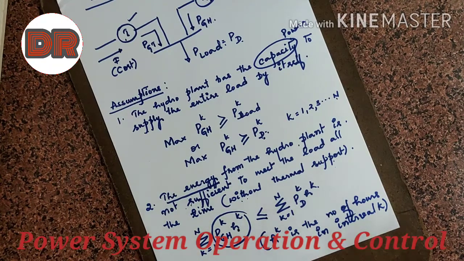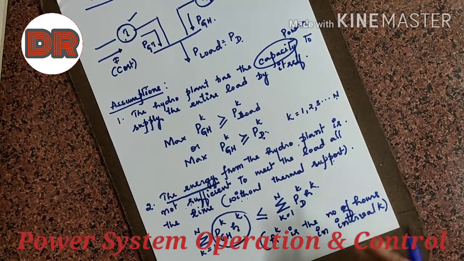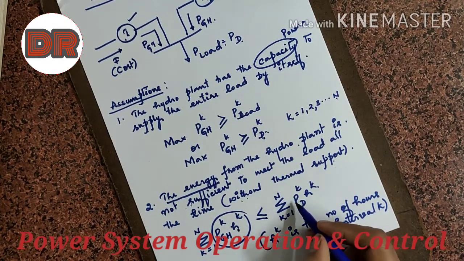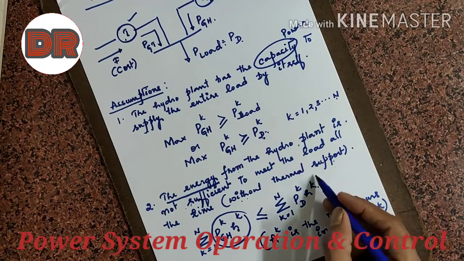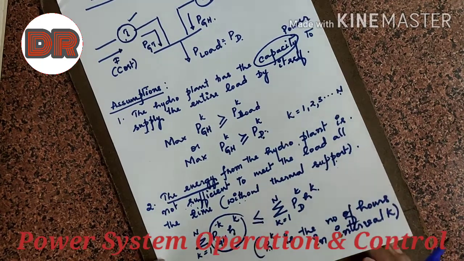So we have N number of intervals and each interval is for many hours. So in the kth interval, how many hours are there? That is given by HK, and H into P gives you the energy, and this energy is more than the other energy. So this is the second assumption.